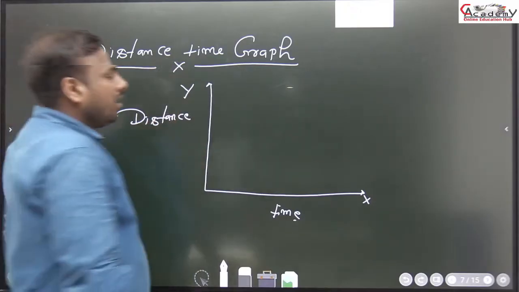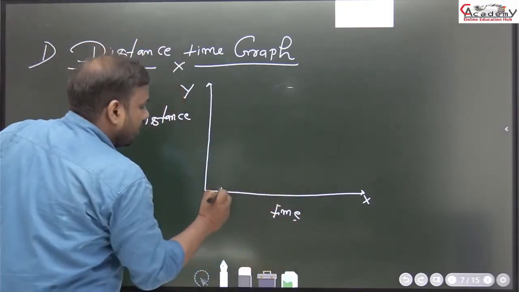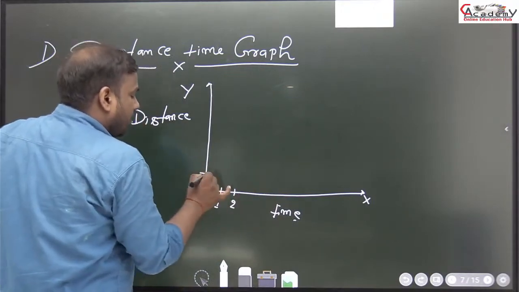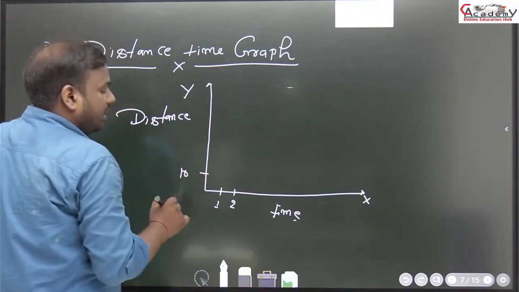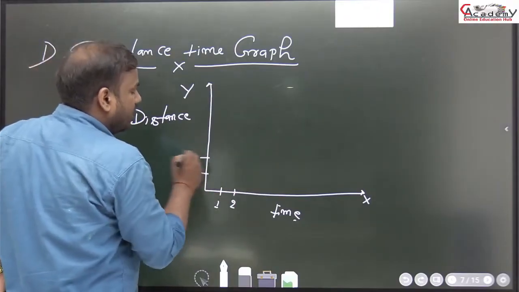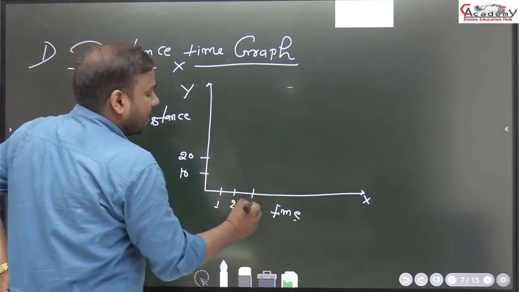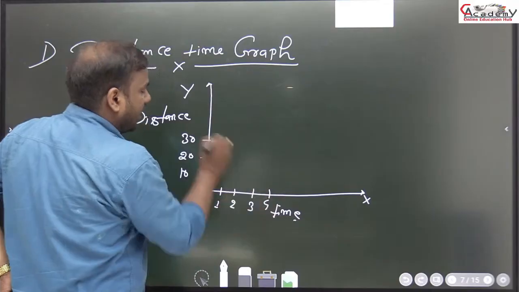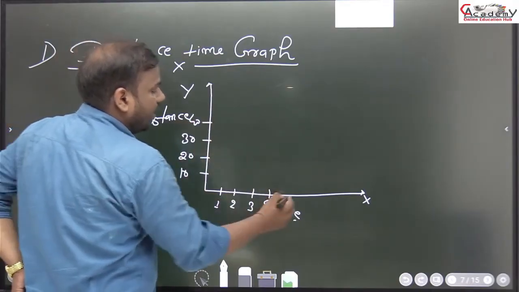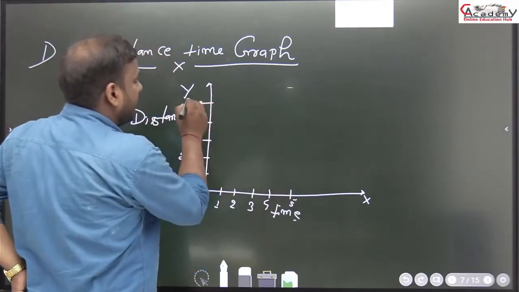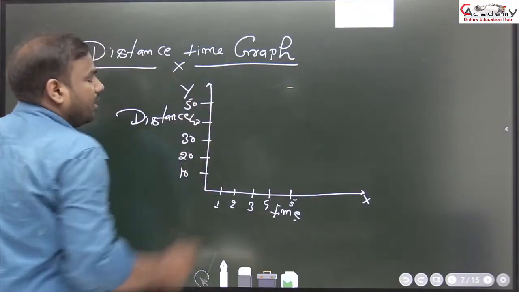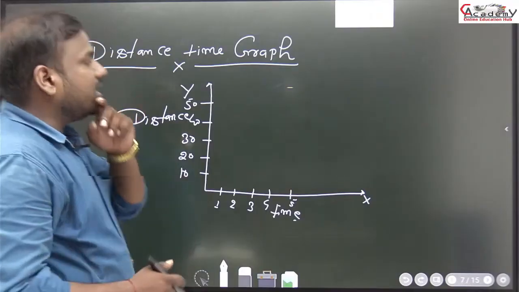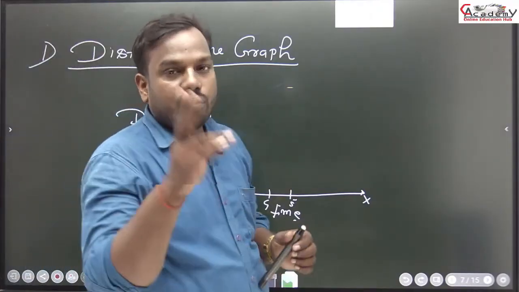For example, a car moves 10 meters in the first second, 20 meters in 2 seconds, in 3 seconds 30, in 4 seconds 40, in 5 seconds 50.